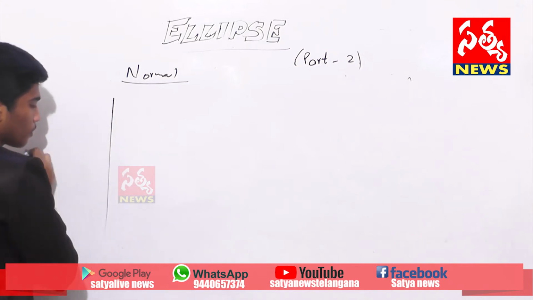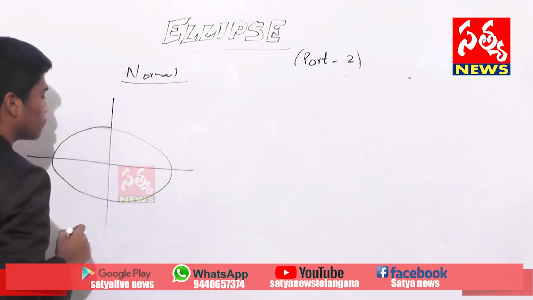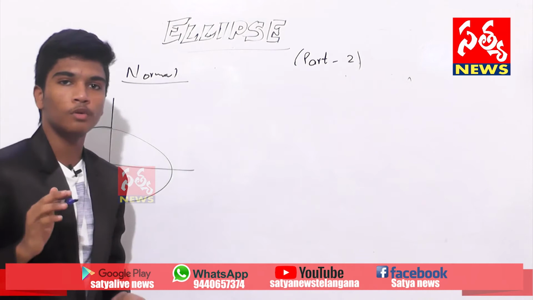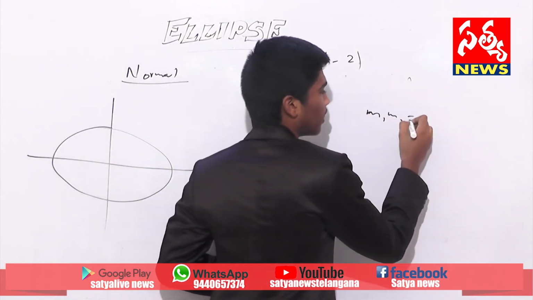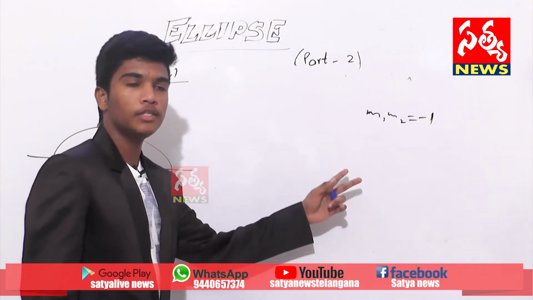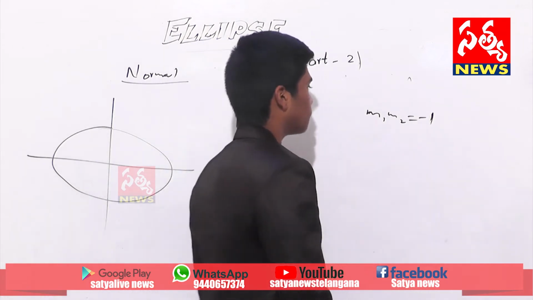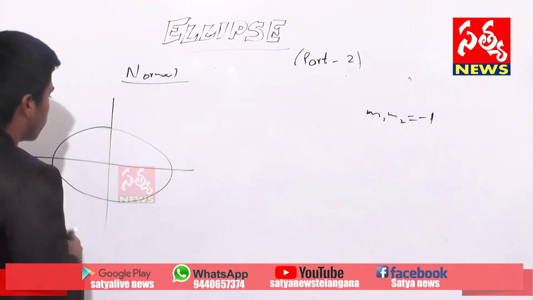First of all, for finding a normal we have to know some conditions. m1 m2 = -1 is the condition for perpendicular lines, the slope of m1 into the slope of m2 equals -1, and a normal is always perpendicular to the tangent.